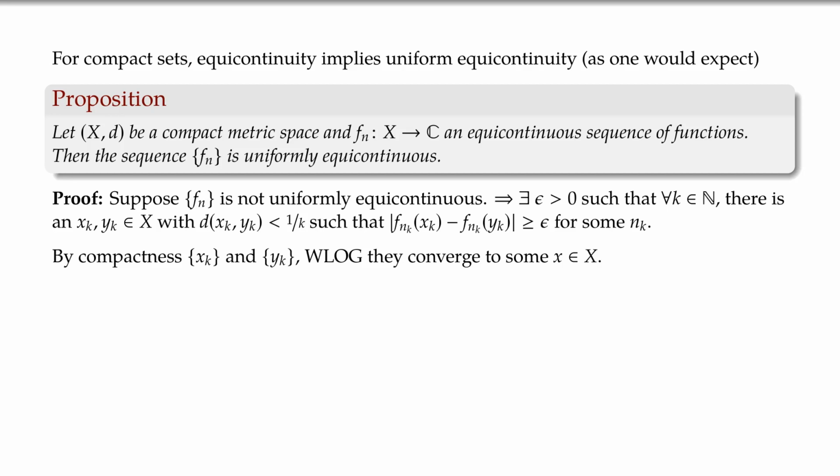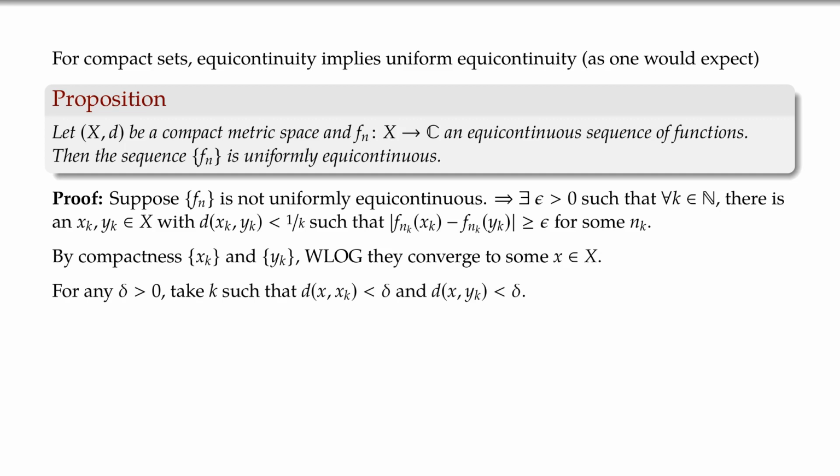They have a convergent subsequence. So find a convergent subsequence of x_k, then using the same indices, find a further subsequence so that y_k also converges, and then just replace these sequences with those. So we can assume that they converge to x, right?